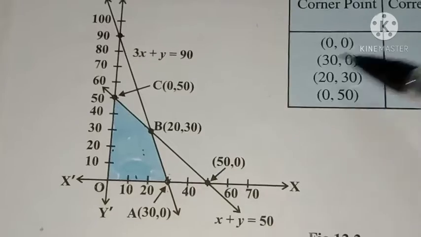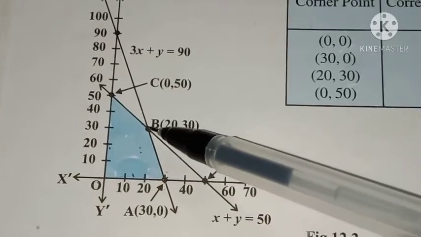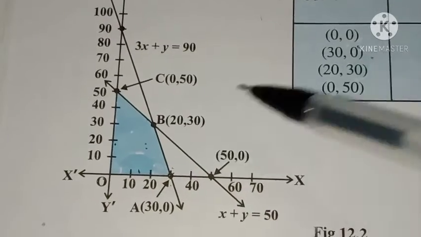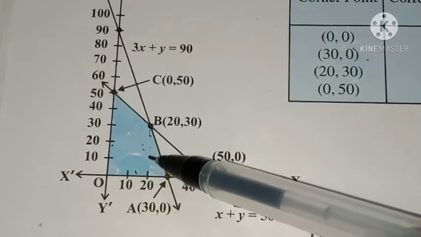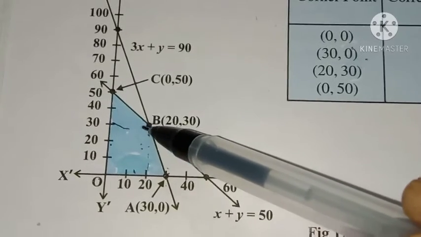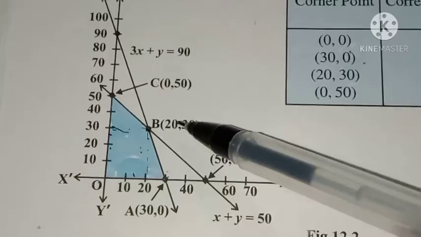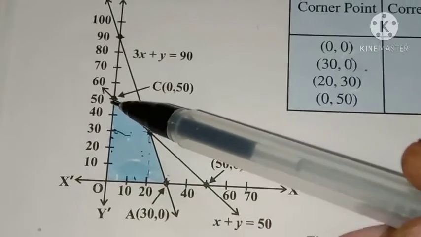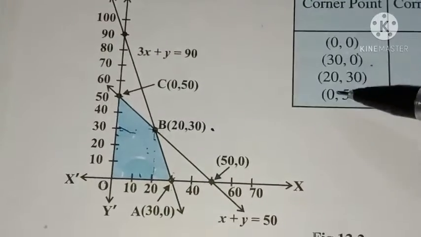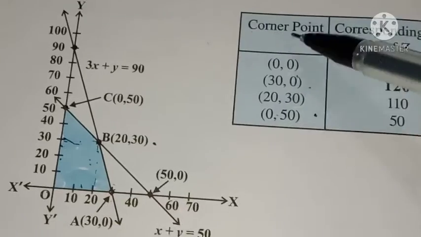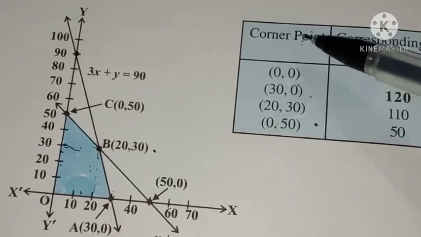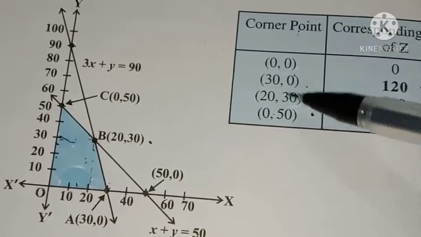Coordinate of A is 30, 0. Coordinate of B is 20, 30. Just join these 2 lines and you will get the coordinates of B as 20, 30. And finally the coordinate of C is 0, 50. These points are known as corner points.